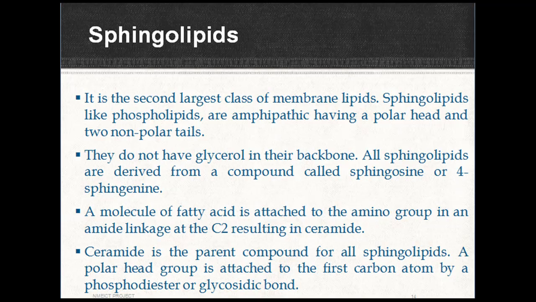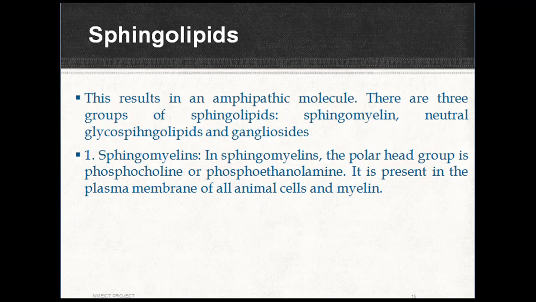A fatty acid is attached to the amino group in an amide linkage at carbon 2, which results in ceramide. Ceramide is the parent compound for all sphingolipids. A polar head group is attached to the first carbon atom by a phosphodiester or glycosidic bond. This results in an amphipathic molecule.